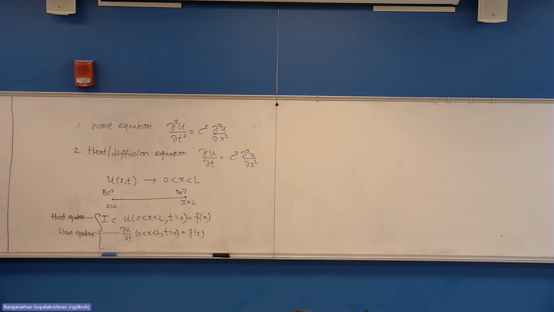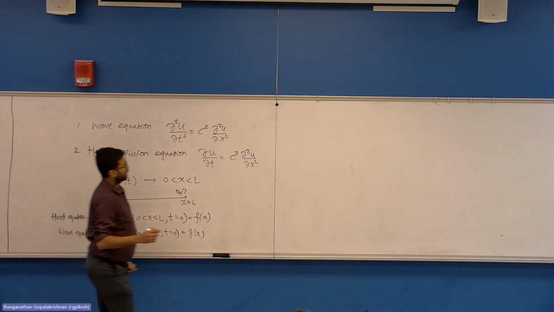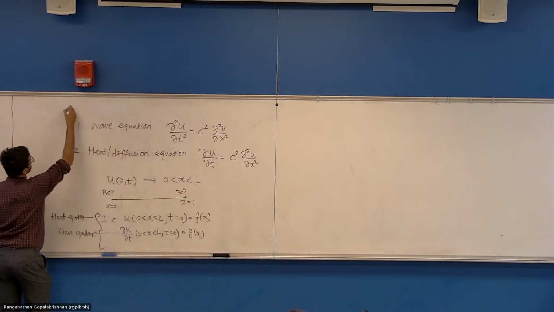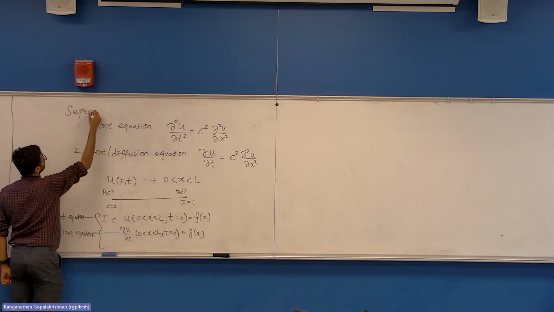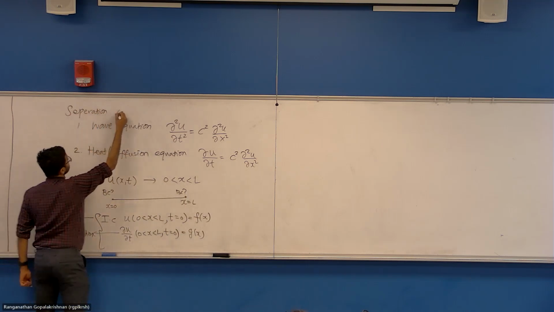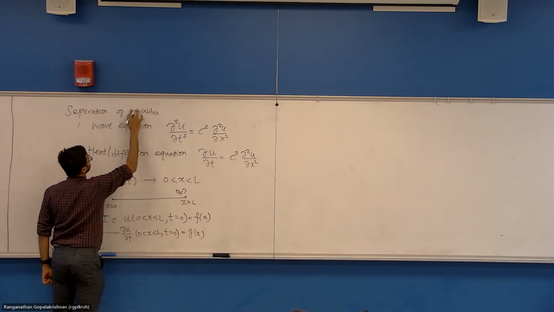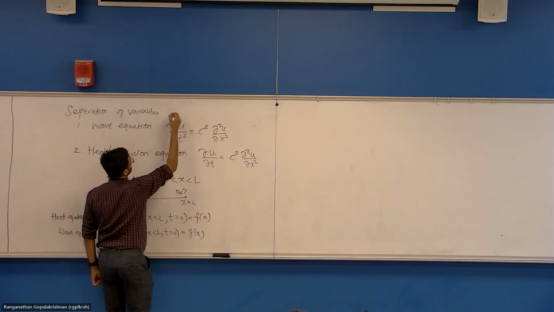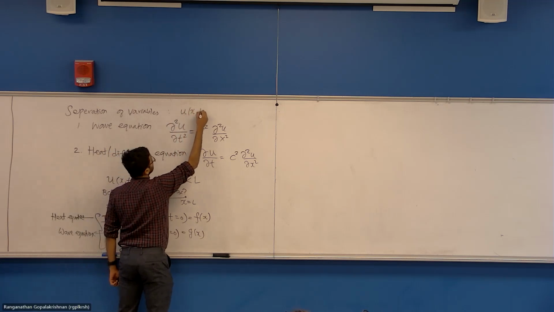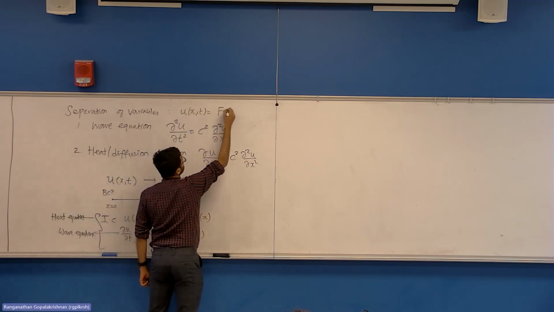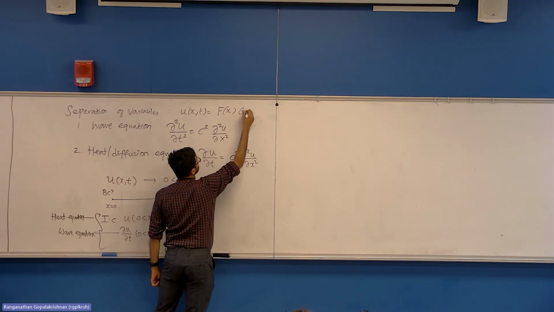And we saw the solution for u in terms of a Fourier series. And the starting procedure is always the same: separation of variables, to assume u is a product of two functions, f of x times g of t.